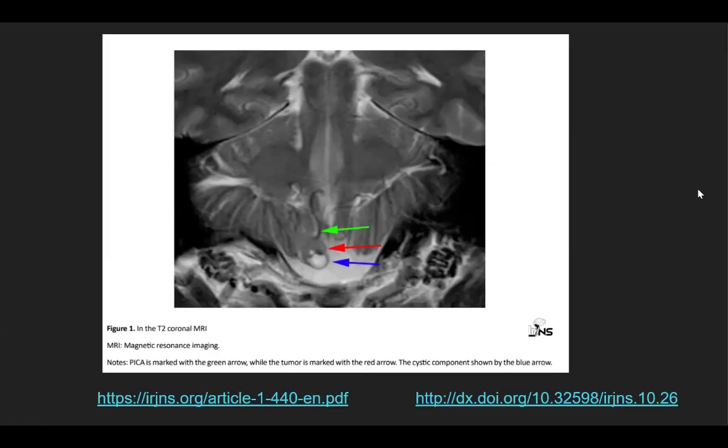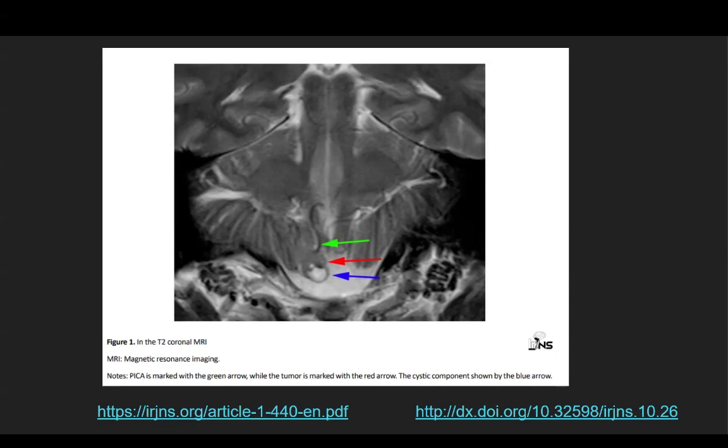So this is a slightly unusual presentation, and that is why I attached the key below the image. So what do you think is happening? There is a very small little lesion which is hiding behind the PICA. I think you can all see the PICA here. This is where the PICA is. These are the cerebellar tonsils here. Let me change the color so that you can make a good differentiation.